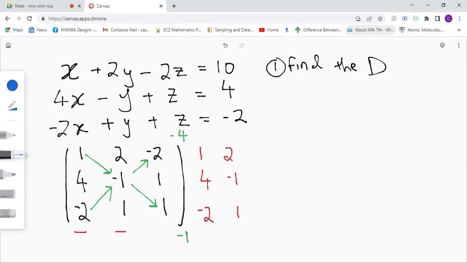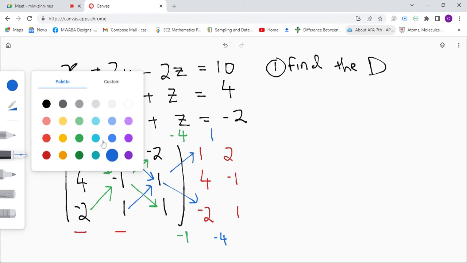We move on. You start from this point here, then you move to the next point. 2 times 1, that is 2. 2 times -2, that is -4. 1 times 1, that is 1. 1 times 1 again, that is 1.